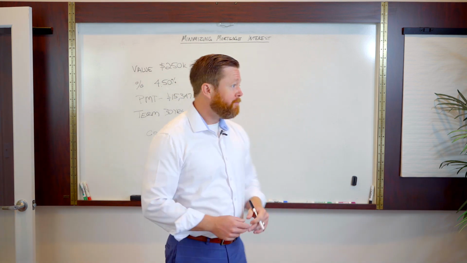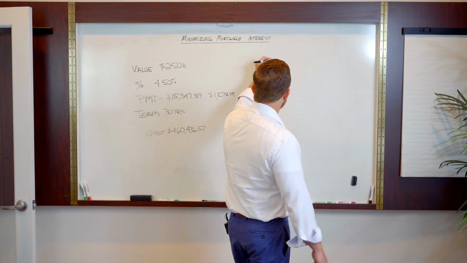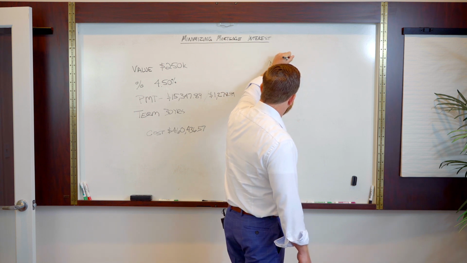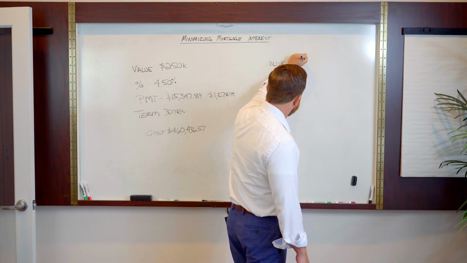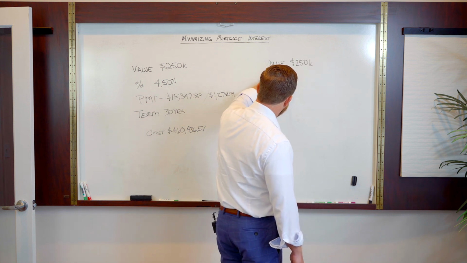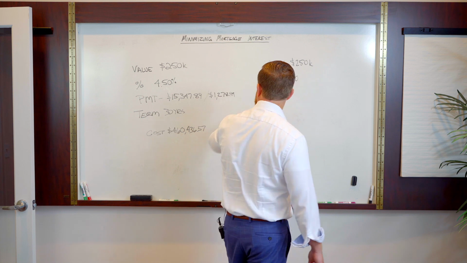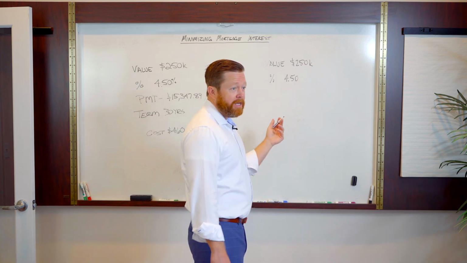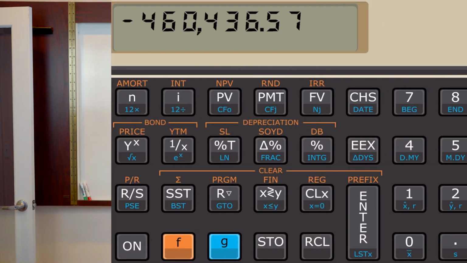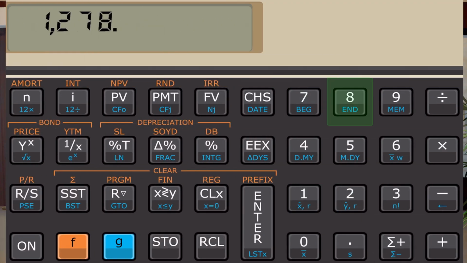Let's set up the example for our financial calculator. We're going to do the same value, $250,000. Then we have our interest rate, which is going to be 4.50 again. Payment, we know our payment. We're going to do the original payment times 2. So let me grab the calculator. We've got 1278.99.